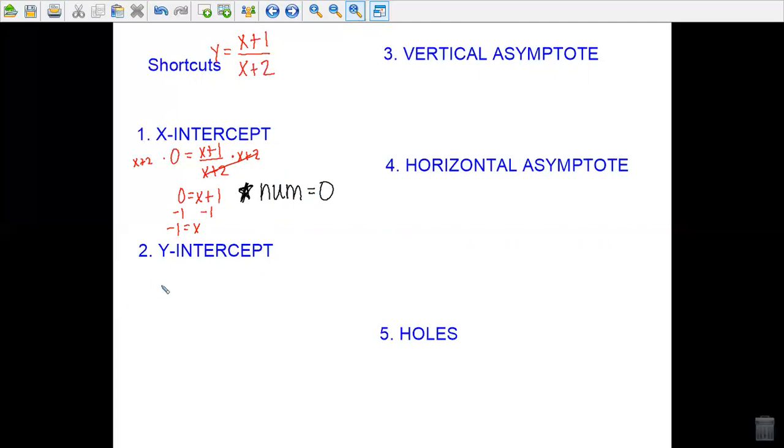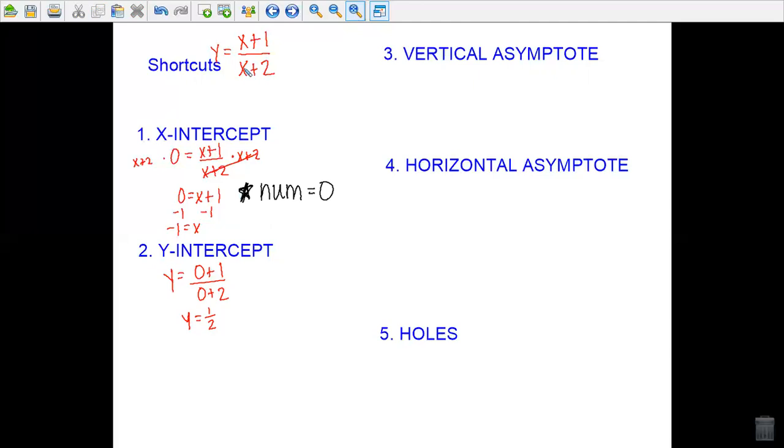For the y-intercept, we end up with a similar shortcut. The y-intercept is a little bit easier because usually it's y equals and then you have a bunch of x's. So if I plug in 0 for x, I end up with 0 plus 1 over 0 plus 2, which ends up being y equals 1/2. Everything that has an x is going to go away.